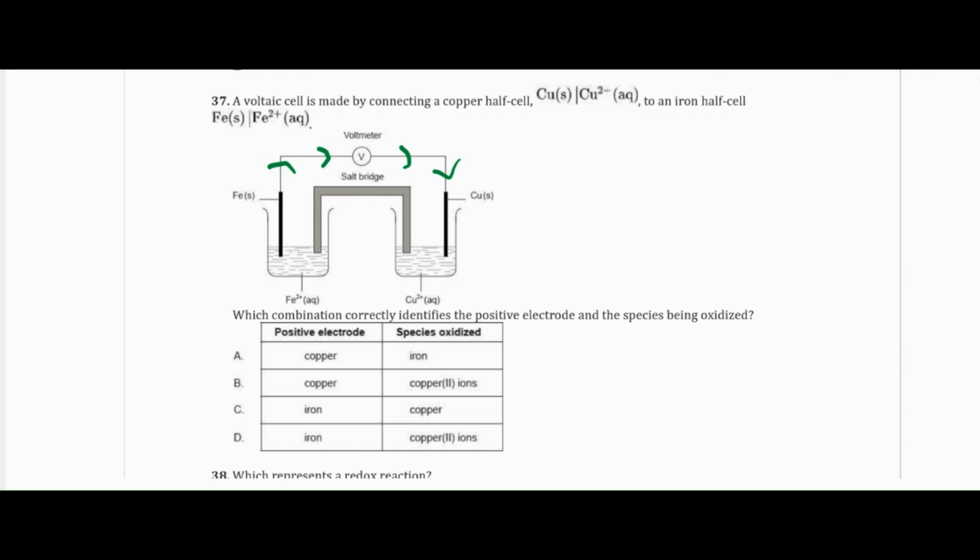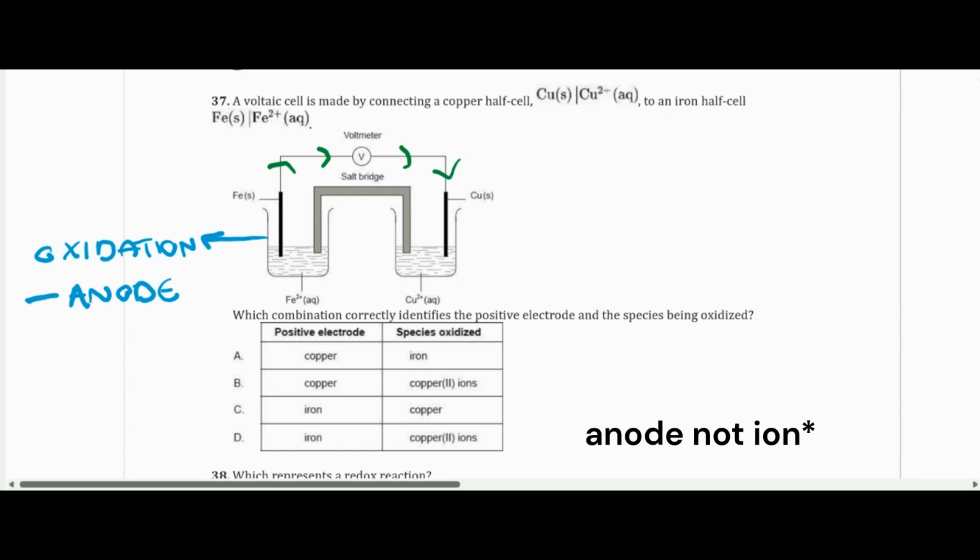If the electrons are leaving the iron electrode, this must be the place of oxidation, which we know always occurs at the anode. It's a voltaic cell, so it'll be negative. So the positive electrode must be the copper electrode. What species will be oxidized? Well, that would be the iron. The iron is the one losing electrons.